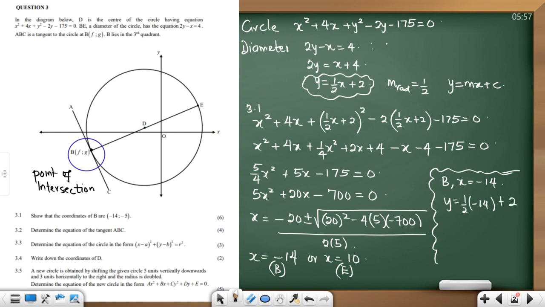We're going back to that equation. That will give us negative 7 plus 2, and y equals negative 5. So what's the coordinate of B? X is negative 14, and y is negative 5. Lovely. So get the concept there. 6 marks. The point of intersection.